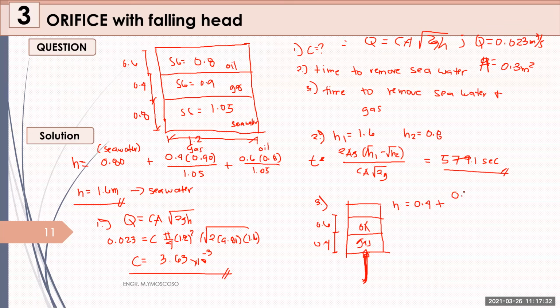That would be height of your oil times specific gravity of your oil divided by specific gravity of your gas. Okay, para ma-convert siya, that would be 0.9. Therefore, yung H natin to be considered, that will be 0.4 plus 0.6 times 0.8 divided by 0.9. That is 0.93.